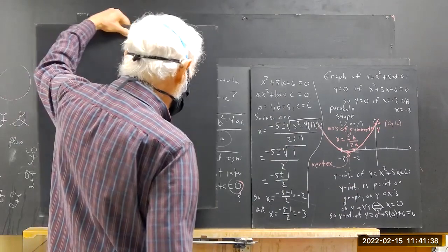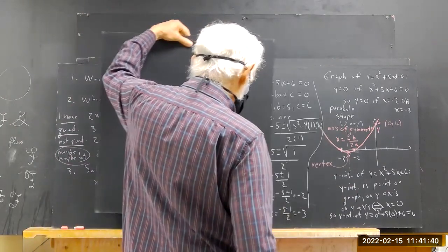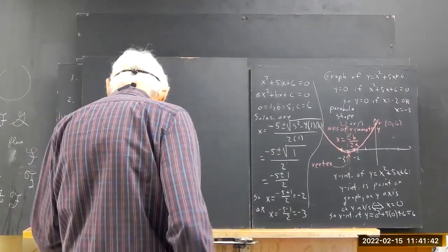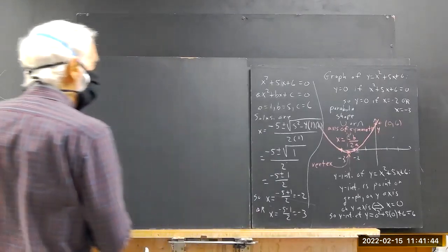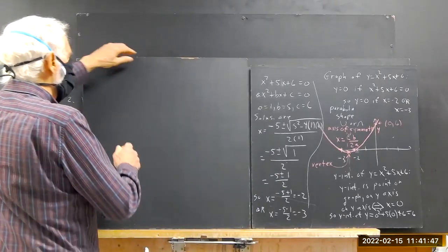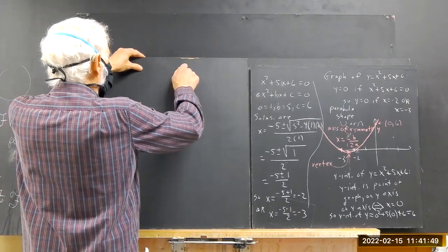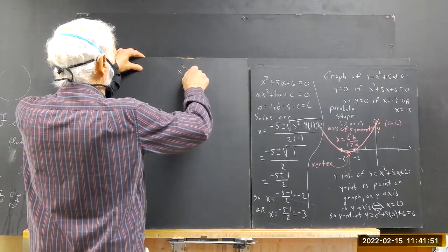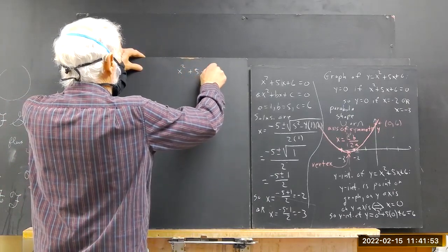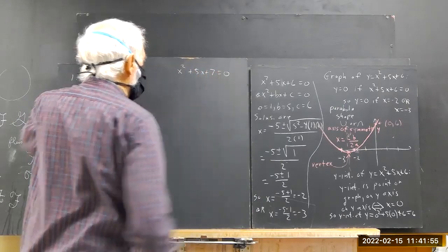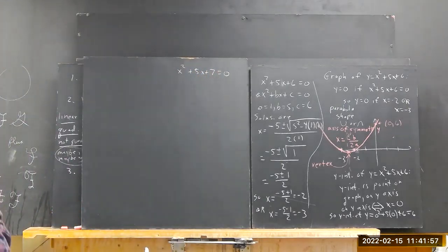Now let's take the other equation, which is x squared plus 5x plus 7 equals 0. Plug into the quadratic formula.